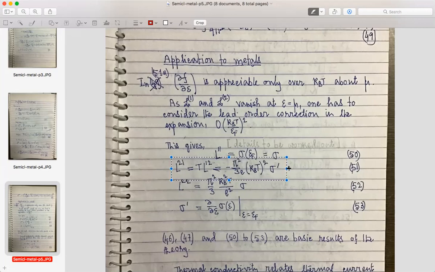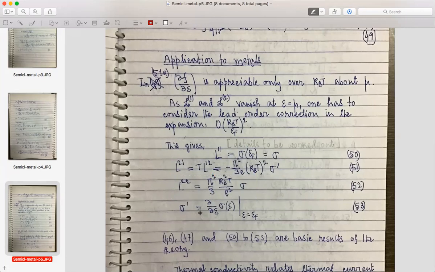The sigma primed is the derivative of the DC conductivity at the Fermi energy, and L22 is k_B squared T over e squared times again sigma at the Fermi energy. So these are the basic results.